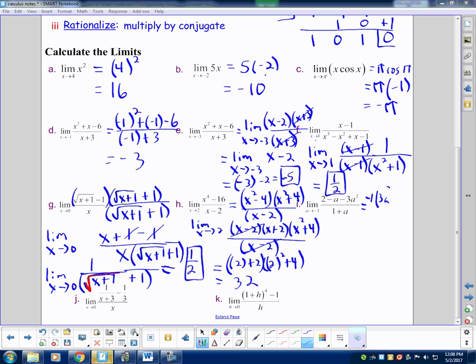3a squared plus a minus 2 over a plus 1. So plugging in a -1, it looks like. So the limit as a approaches -1 of, now we have a new expression.